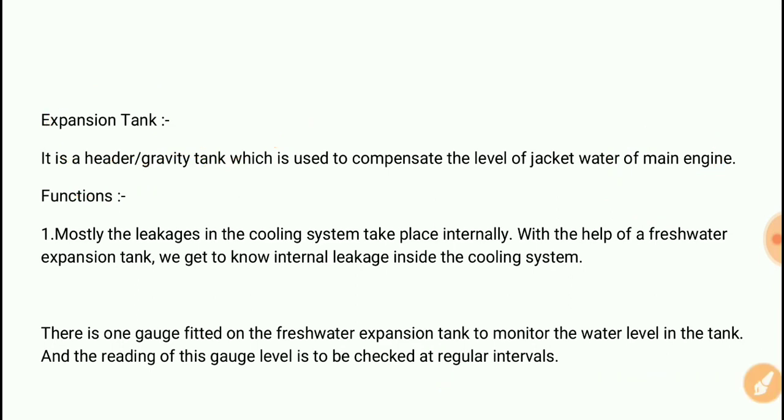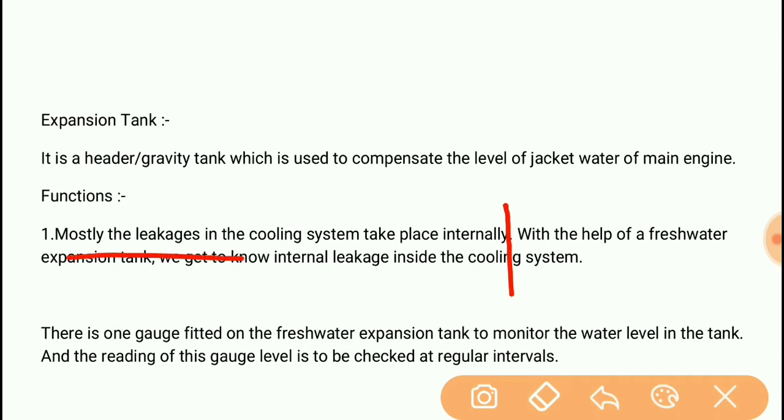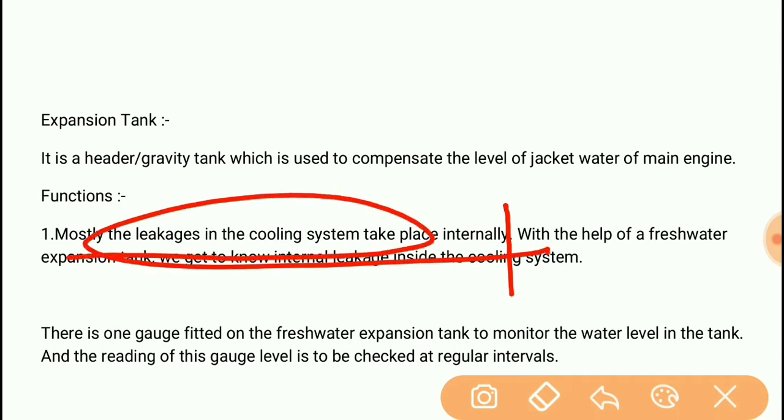Let us understand the function of expansion tank, what its use is. It is used to find leakage in the cooling water system. That means if there is any leakage, the level of the expansion tank will increase or decrease.